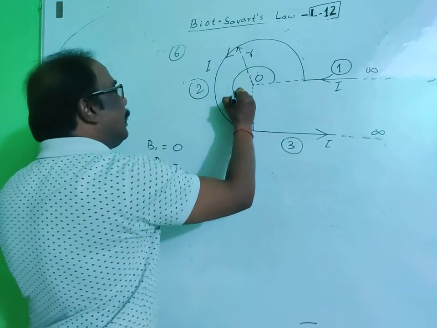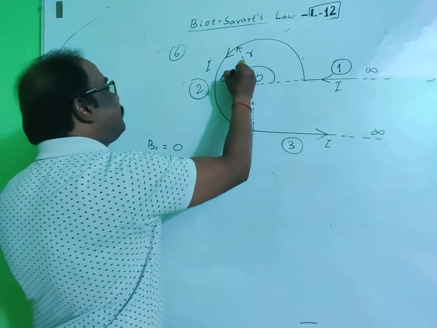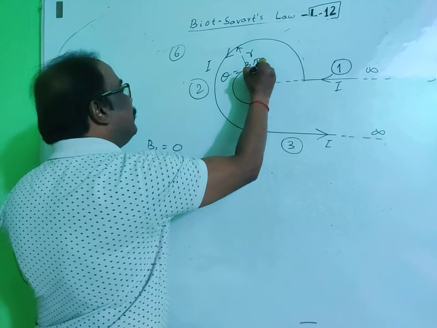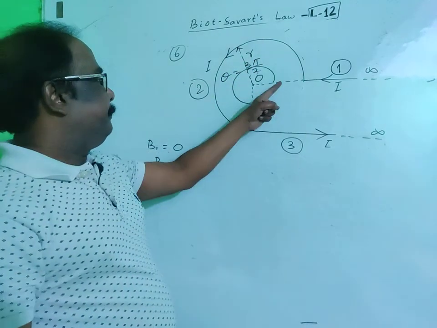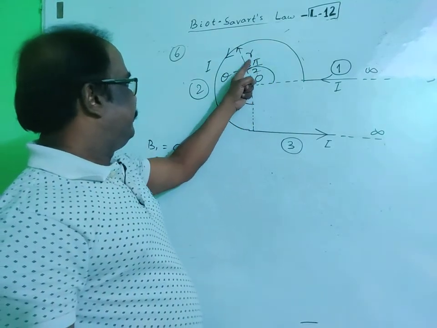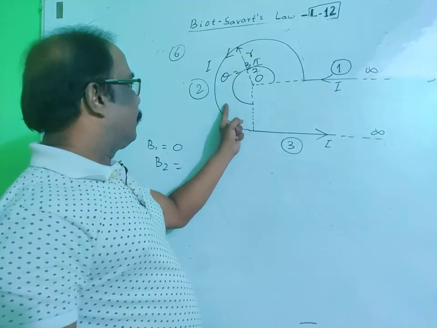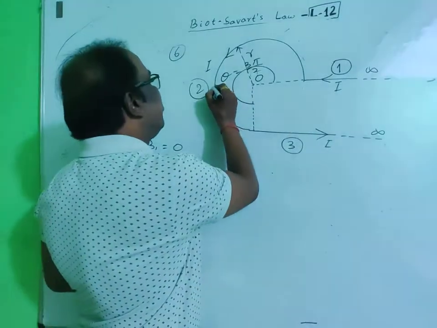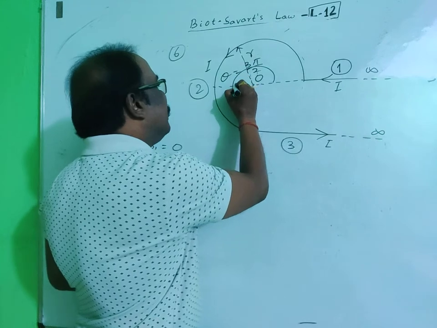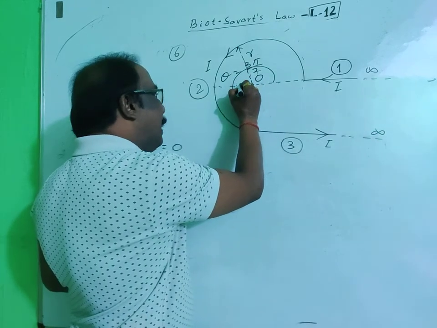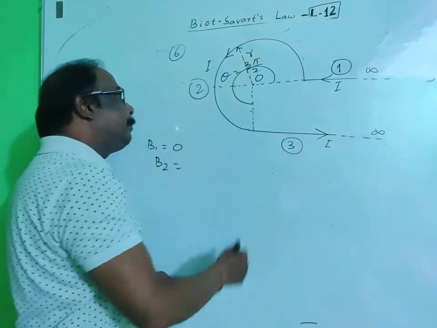See, what is the total angle in radians? This angle theta is 3 pi by 2. Semicircle is pi, quarter circle is pi by 2, so this is 3 pi by 2.